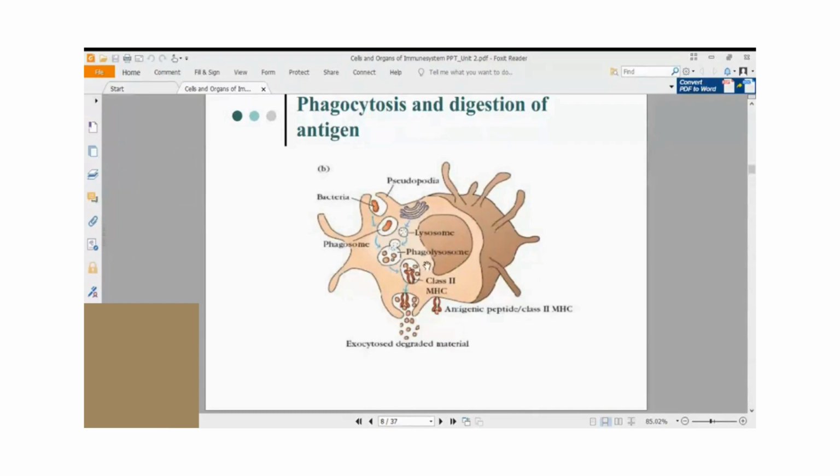And when they remain there as endopathogen, they can multiply within the phagosome and make the macrophage increase in size, and that macrophage now becomes totally unable to process other antigens.